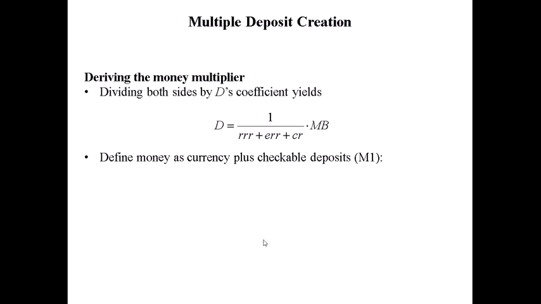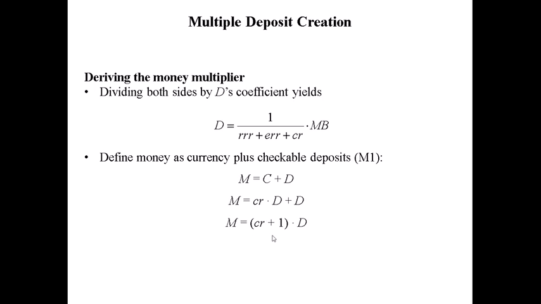Now we're going to define money as currency plus checkable deposits. That's what we call M1. M1 is mostly currency plus checkable deposits. So M is currency plus deposits. And remember, currency is CR, the currency ratio, times demand deposits.